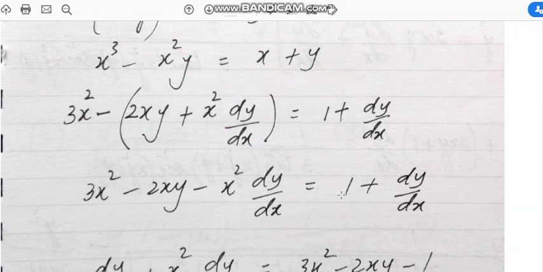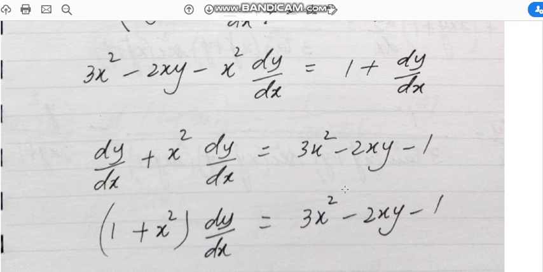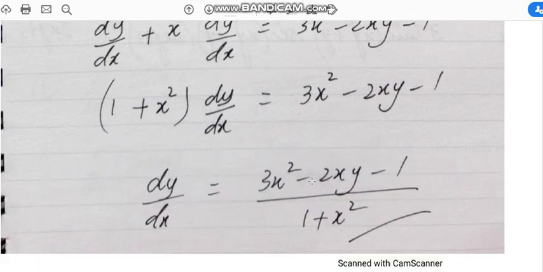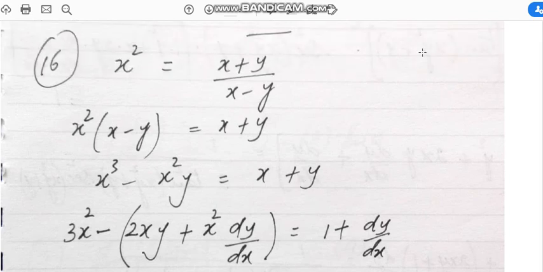Then derivative of x is 1, and derivative of y is dy by dx. Then again simplification of the terms, taking dy by dx common, and then dividing this by the factor, and this is the answer. If you want to solve this by the previous method from this term, I think the result will be like this.